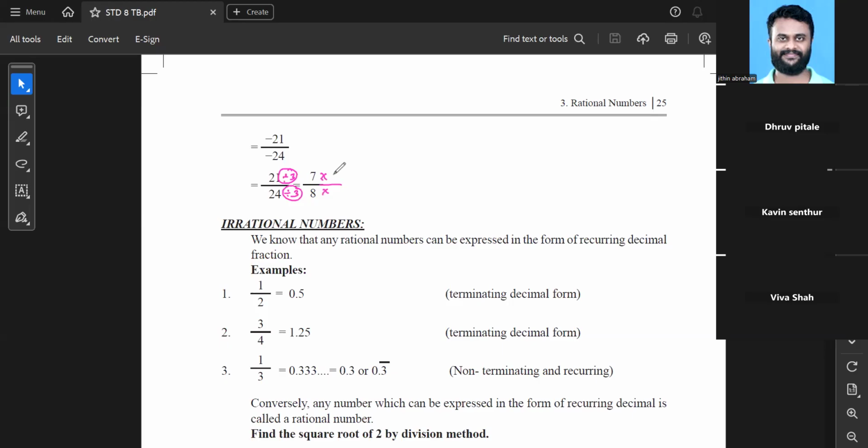You cannot isolate the numerator from the denominator. They are a pair. Whatever you do in the numerator, you will have to do the same in the denominator also. For example, if you multiply by 8, you'll have to multiply by 8 on both sides. So 7 multiplied by 8 becomes 56 and 8 multiplied by 8 becomes 64. This is what you were asking, right, Kavin?